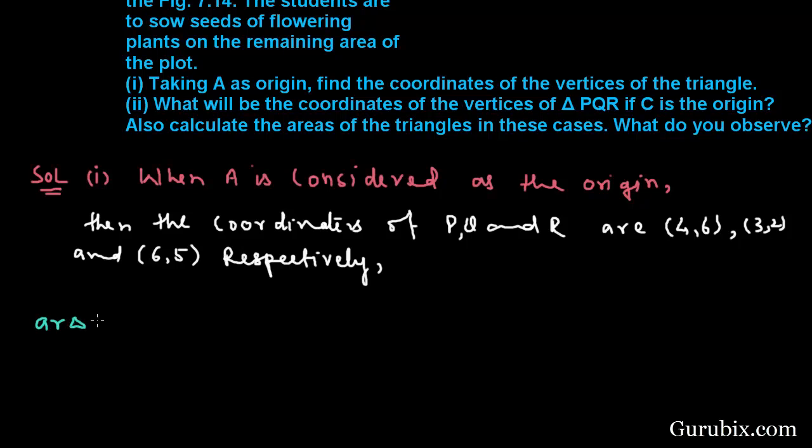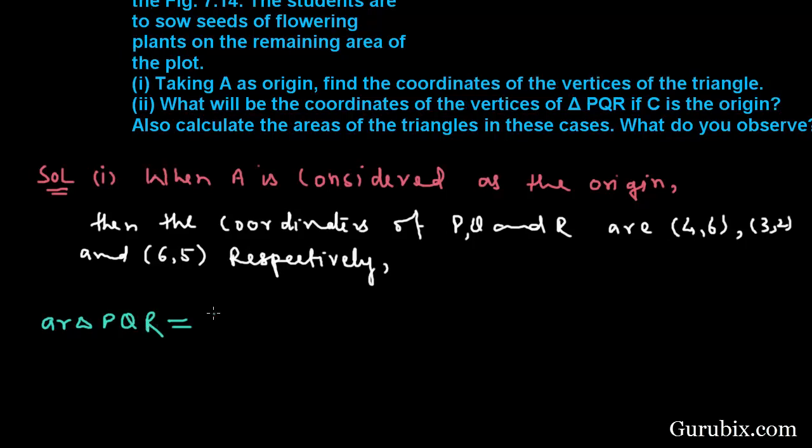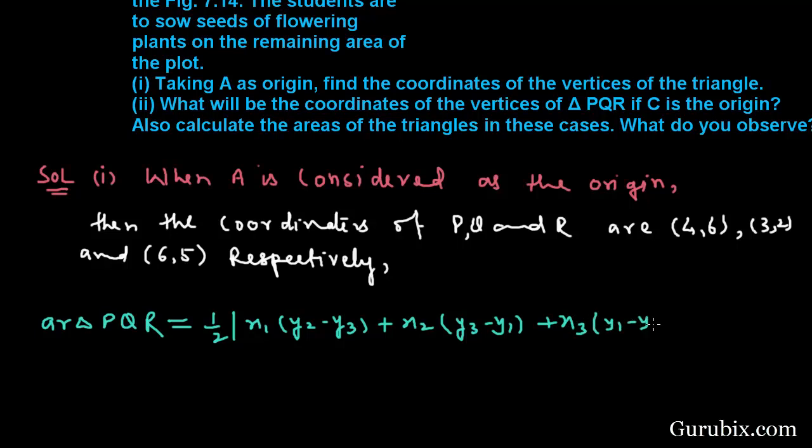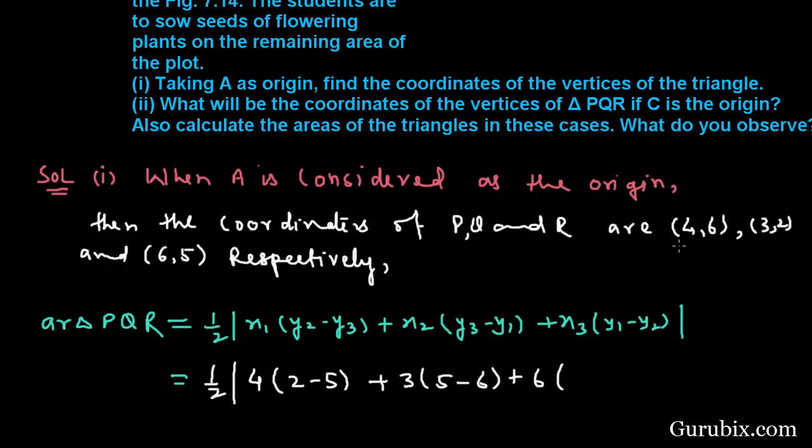Therefore, the area of triangle PQR will be 1/2 |x1(y2 - y3) + x2(y3 - y1) + x3(y1 - y2)|. Here we have x1 is 4, y2 is 2, y3 is 5, x2 is 3, y1 is 6, x3 is 6.